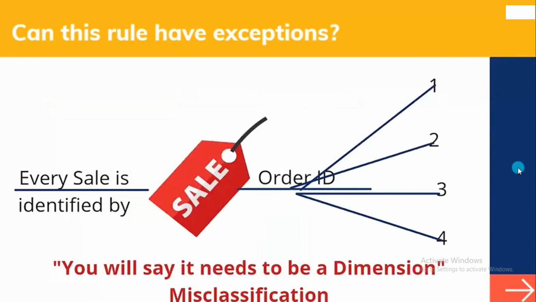One more thing I wanted you to understand is that this is the general definition that we are giving to understand the meaning of dimension and measure. There is always a possibility that this kind of theoretical understanding will have exceptions. So to understand what kind of exceptions could arise in terms of dimension and measure, I've put some examples.